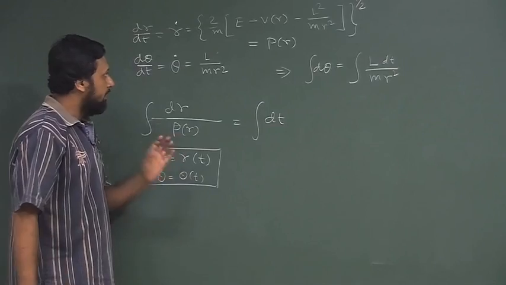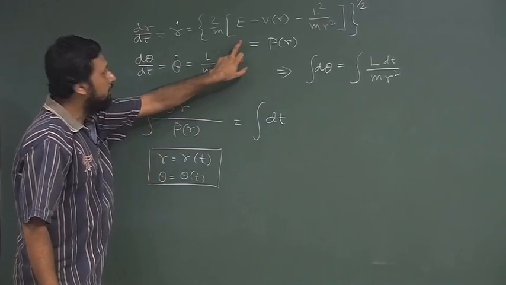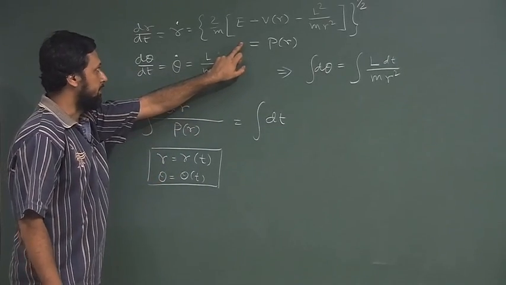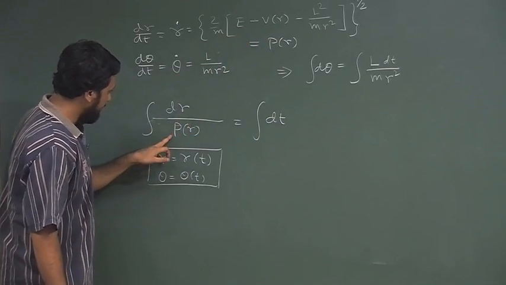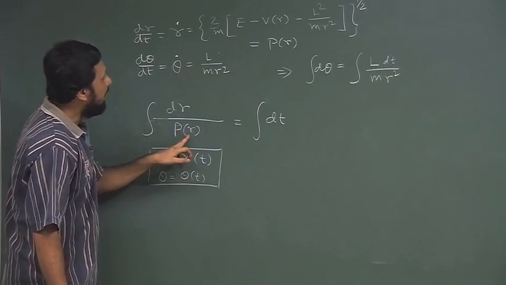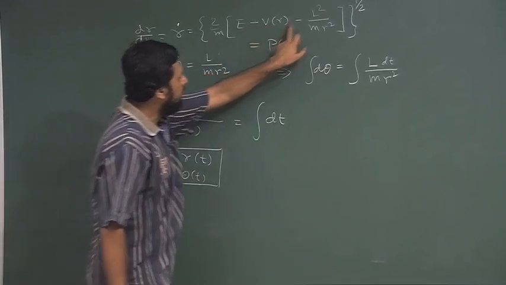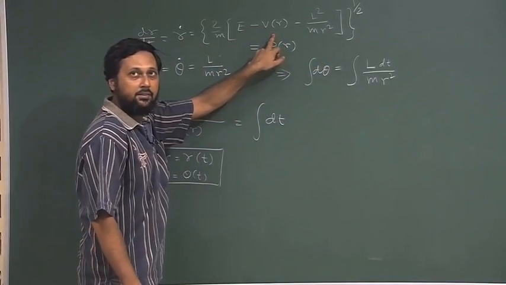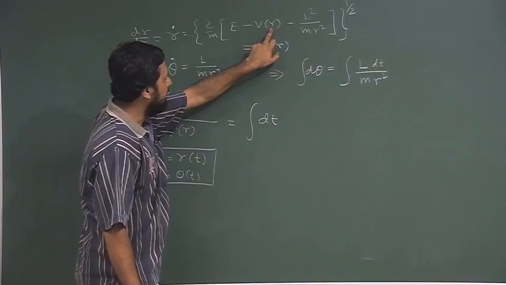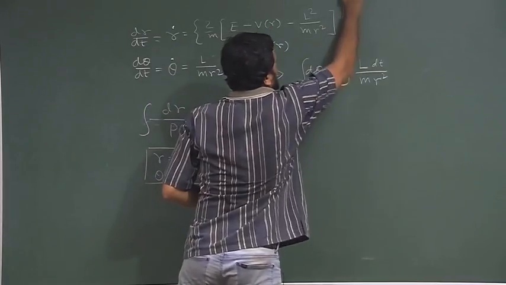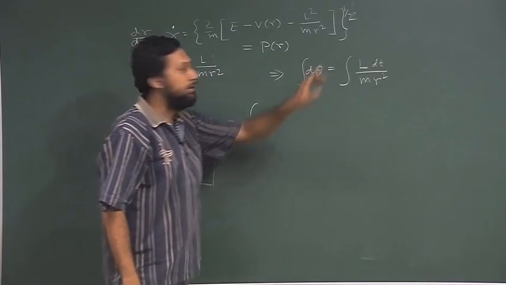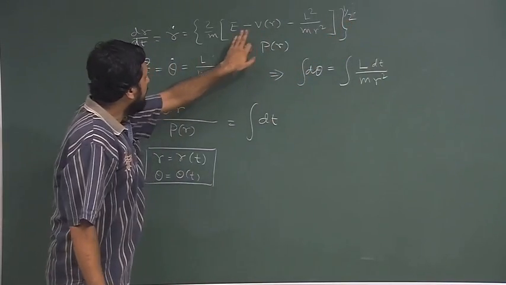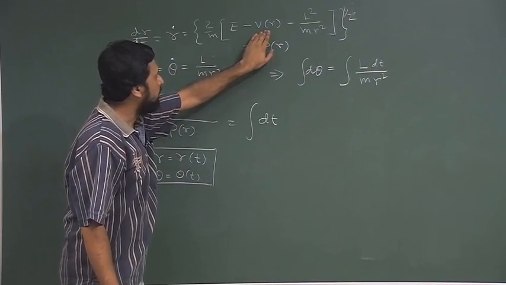Now, there is a technical issue. Integrating this expression in this particular form is hard, because p of r, first of all, is not a very simple looking expression. Secondly, there is a power half here, and v of r is not a known function.